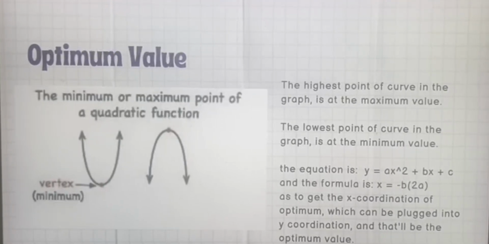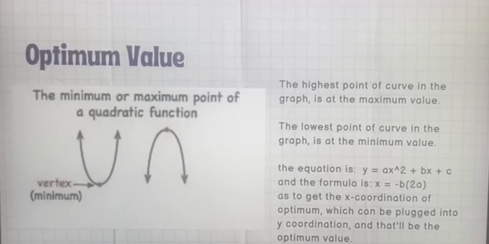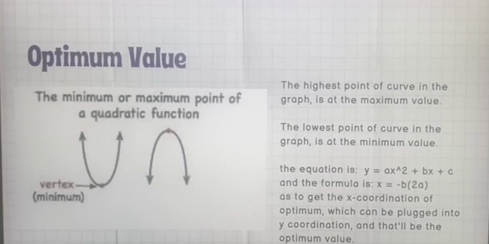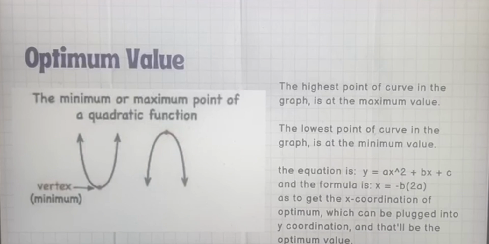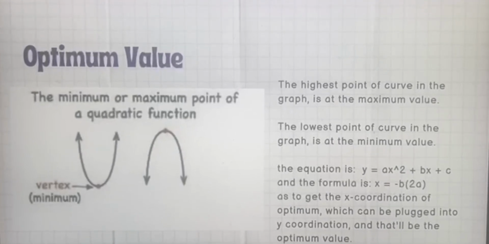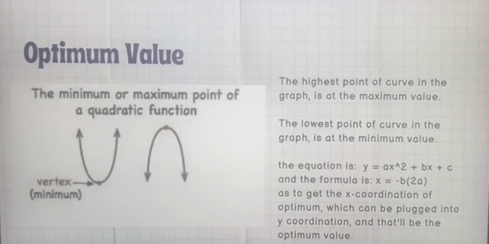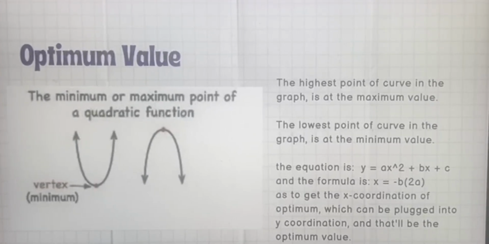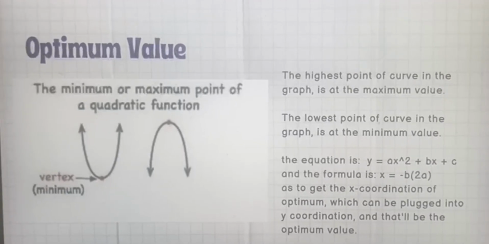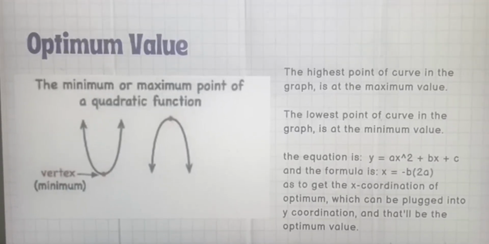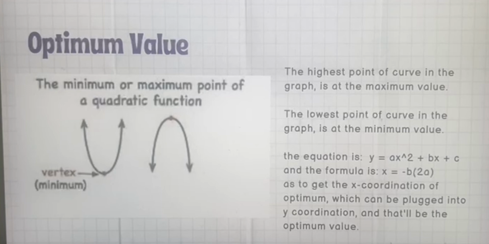The equation is the same as others, y equals ax squared plus bx plus c, and the formula is x equals minus b over 2a, to get the x coordinate of the optimum value, which can be plugged into y, and that'll be the value itself.